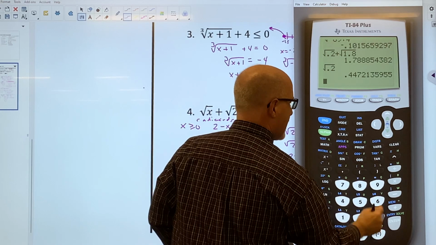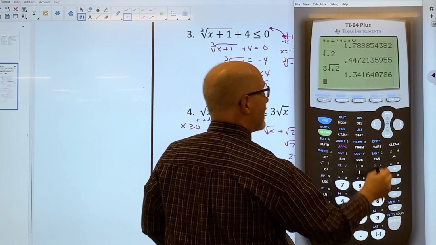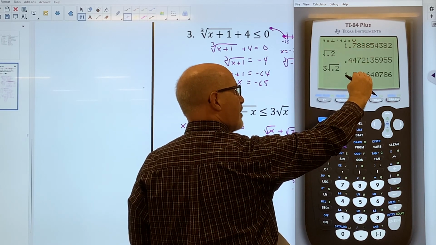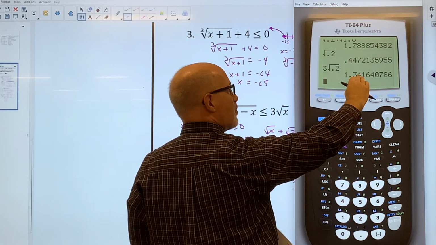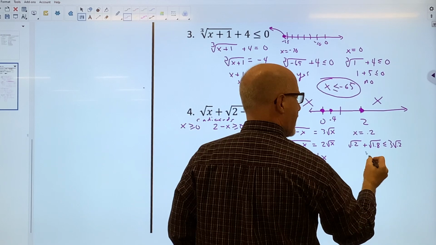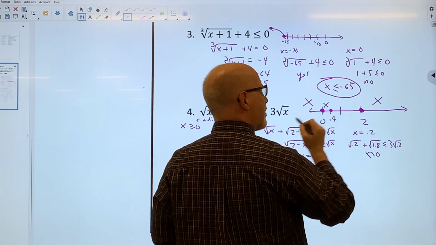Let's do 3 times the square root of 0.2. Again, is this number less than or equal to this number? 1.8 is basically not less than 1.3, so this region does not work. So this would be a no, and I don't get this region right here.